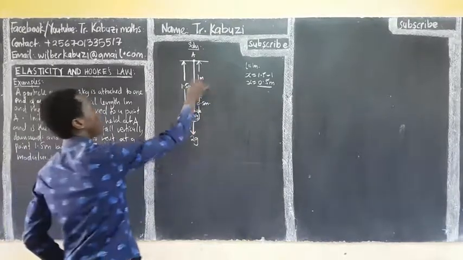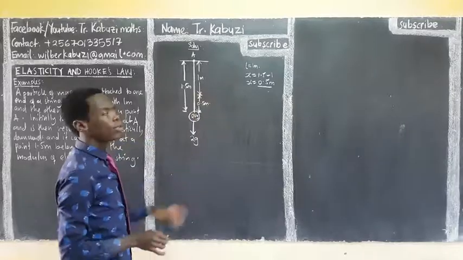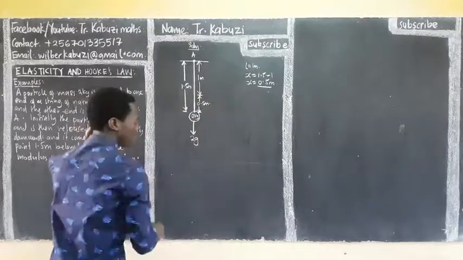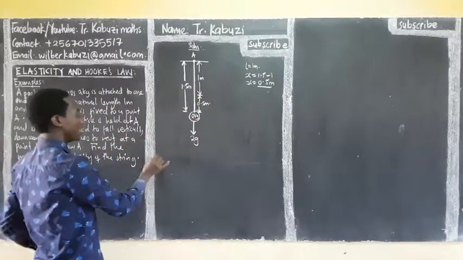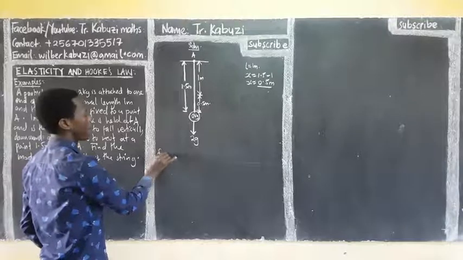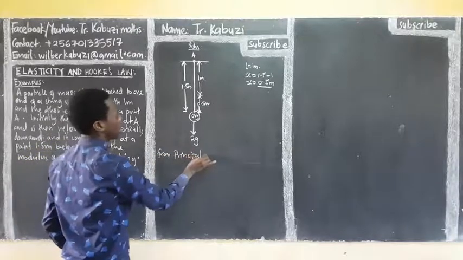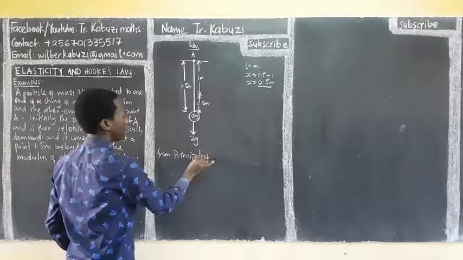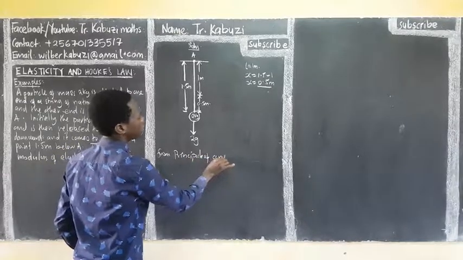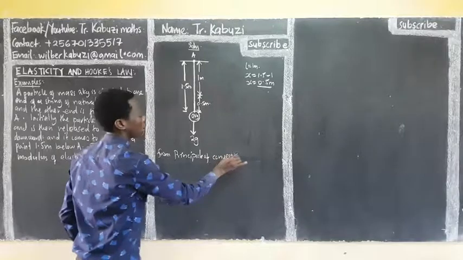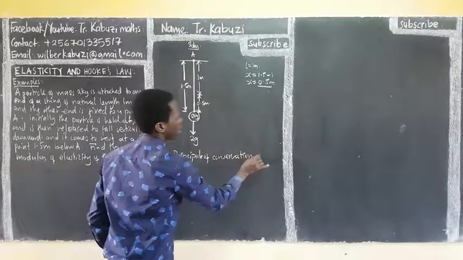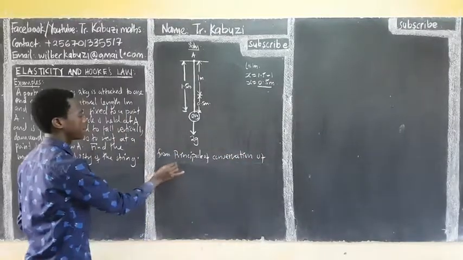So before the string starts stretching, we want to know what the velocity is there, because of the principle of conservation of energy.